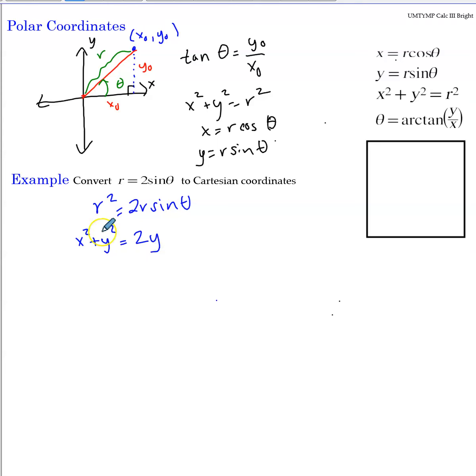And then move the 2y over, and you'd have to complete the square and everything like that. What you end up with is x squared plus, quantity y minus 1 squared is equal to 1. And so you might recognize that as a circle with a center at (0, 1) and radius of 1.